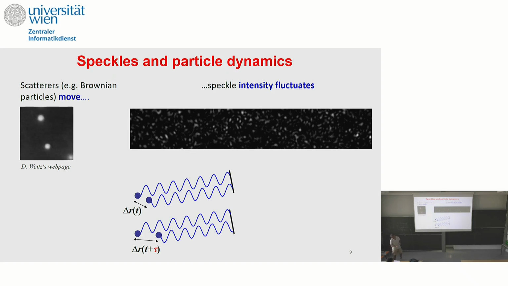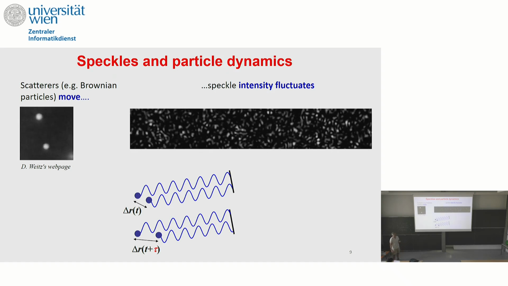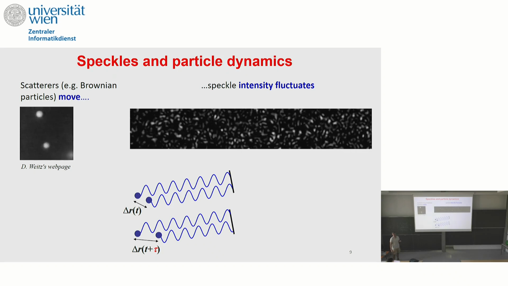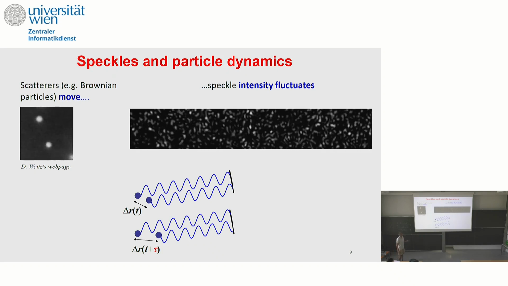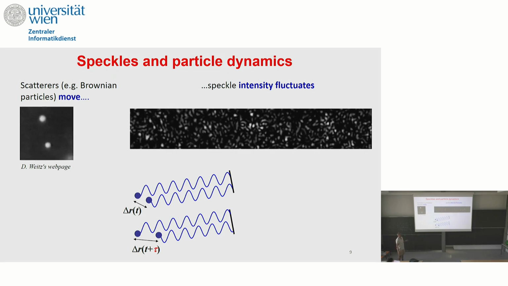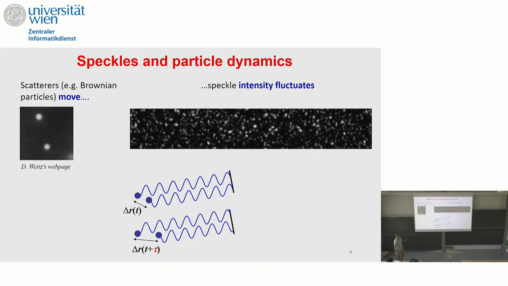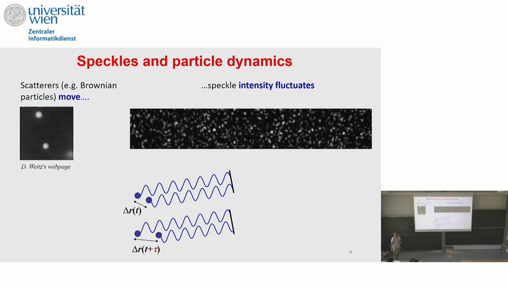And the intensity of these speckles fluctuate with time, which is exactly what you see if you take a movie rather than a single image of your speckle pattern. Now, the idea of dynamic light scattering is simple. If the particles jiggle around very quickly, then the speckle pattern will evolve very rapidly.